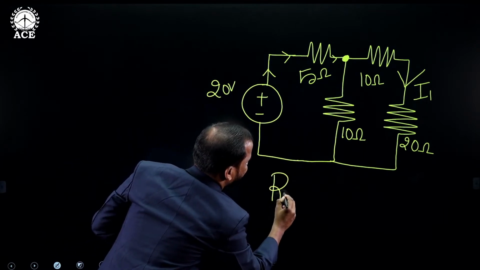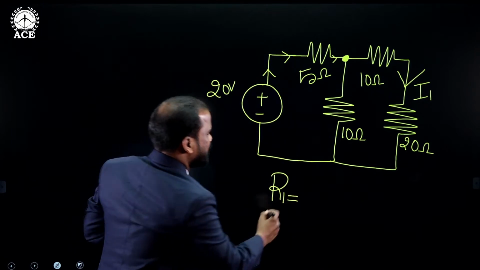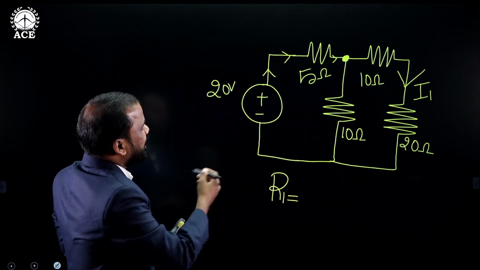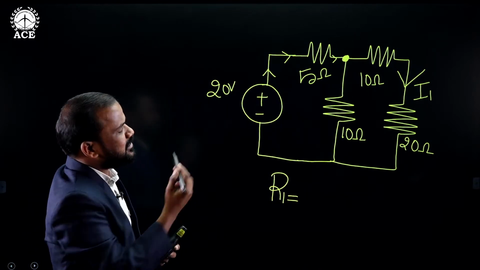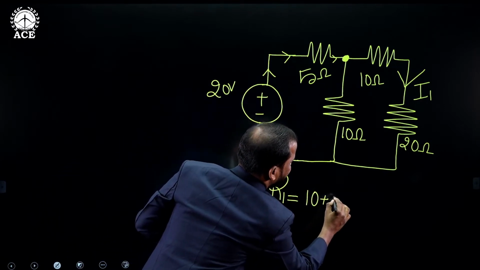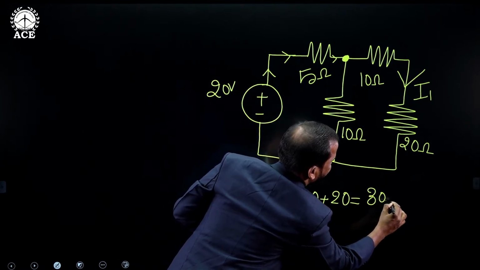I am giving the name R1 to the resultant of the two resistances. When two resistors are connected in series, we find the equivalent resistance by directly adding the two values. So 10 plus 20 is equal to how much? 30 ohms.